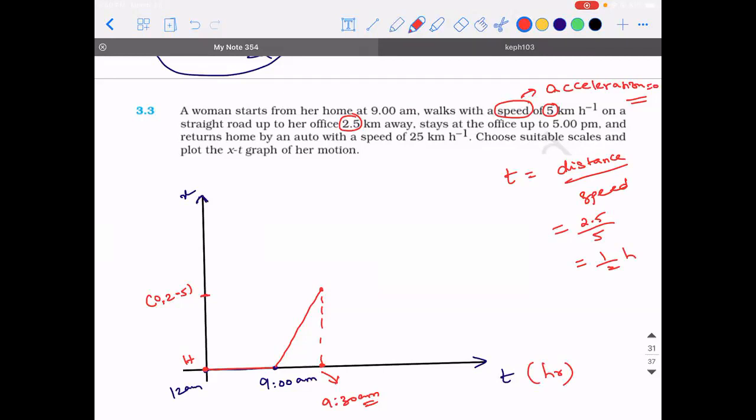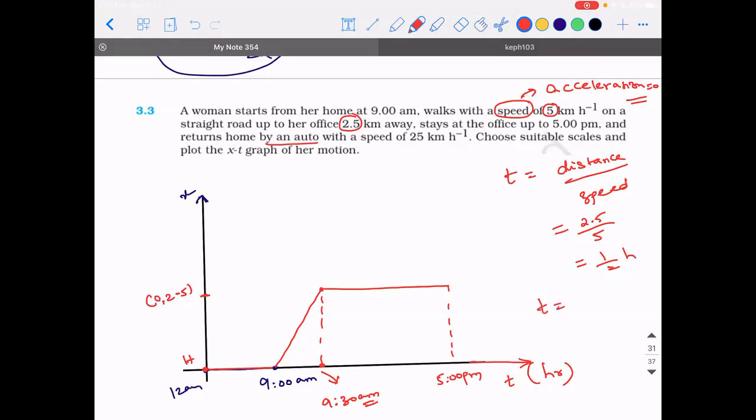From 9:30 till what time was she in the office? Till 5 p.m. she was at a location of 2.5. Okay. So this was till 5 p.m. After 5 p.m., what did she do? Again, she traveled back by an auto with a speed of 25 km/h.